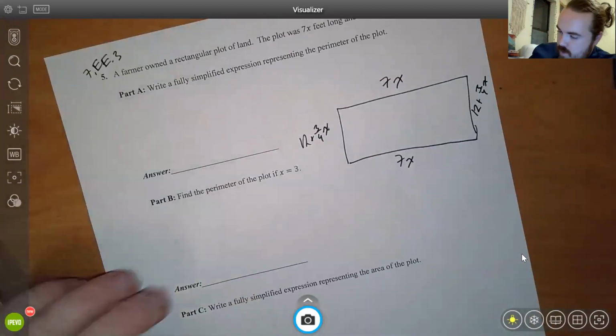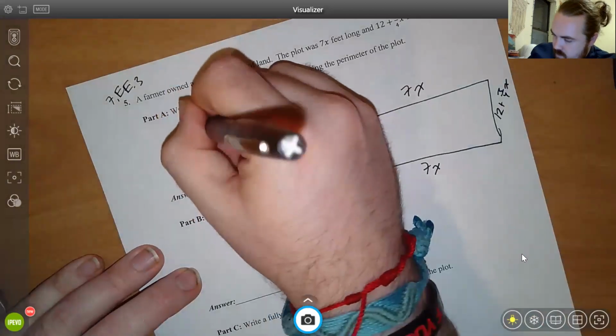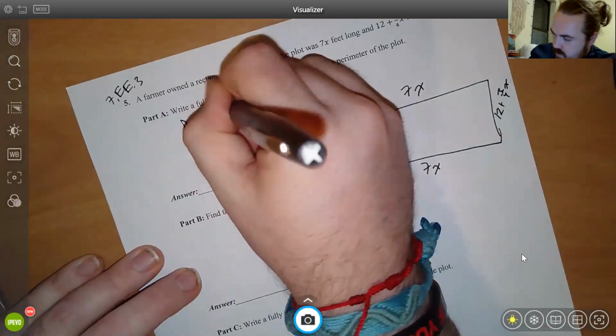Perimeter, well, it's just when we're adding everything up. That's 2 times the width plus 2 times the length.